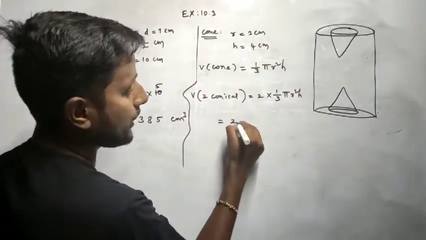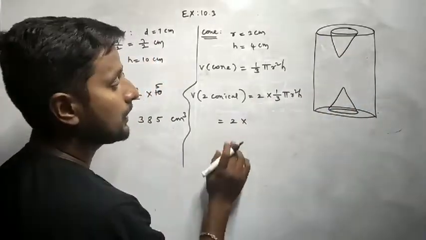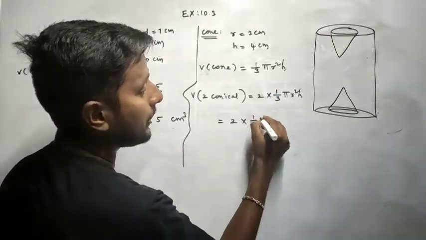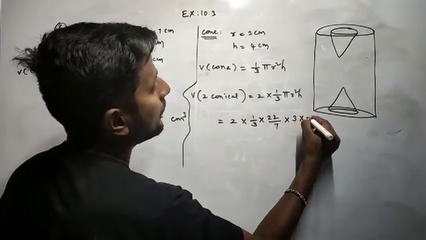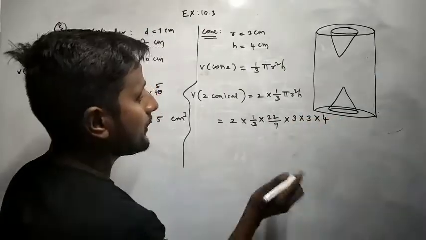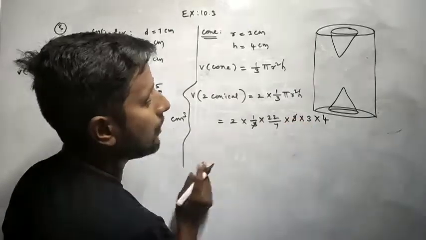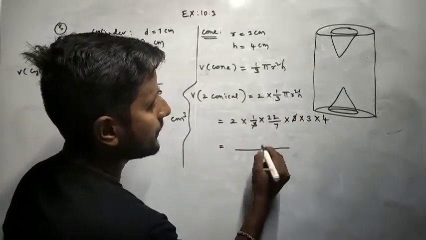Why should I write 2? Because I am talking about the two figures, right? So 2 into 1 by 3, pi value 22 by 7, r value 3 into 4. Any cancellations? 3 get cancelled. Any cancellations again? Nothing. So by 7 as it is.